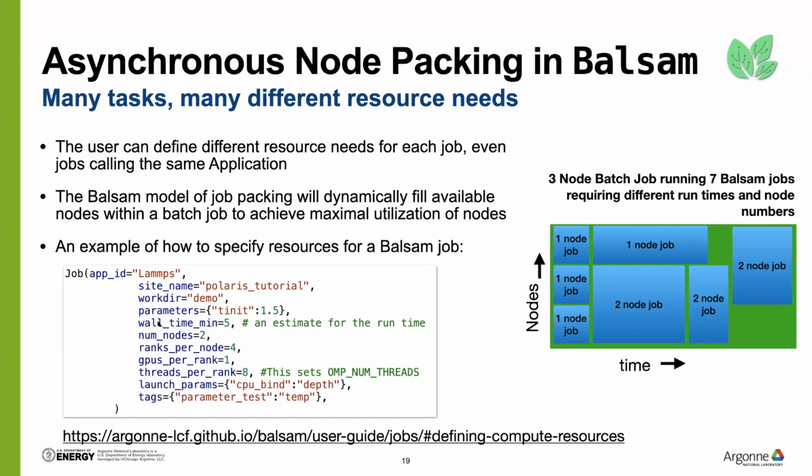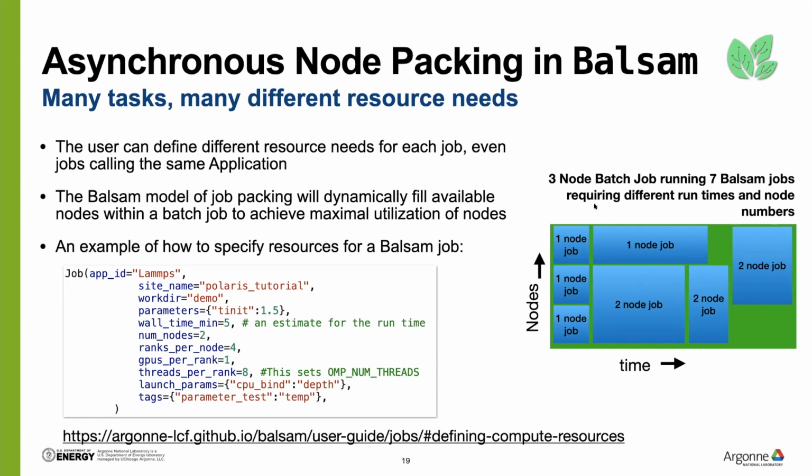And when you create a batch job, Balsam has a model for asynchronously packing jobs into the nodes available in the batch job. And so this is just showing you a little example of what that would look like for just a 3-node batch job. Suppose you've got a couple of jobs, some need 1 node, some need 2 nodes, they run for different amounts of time.